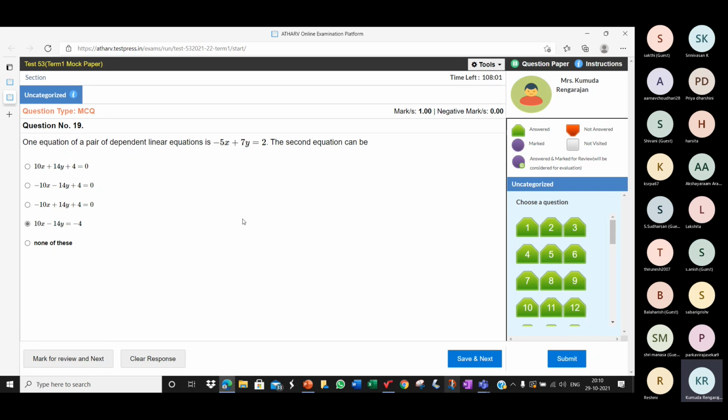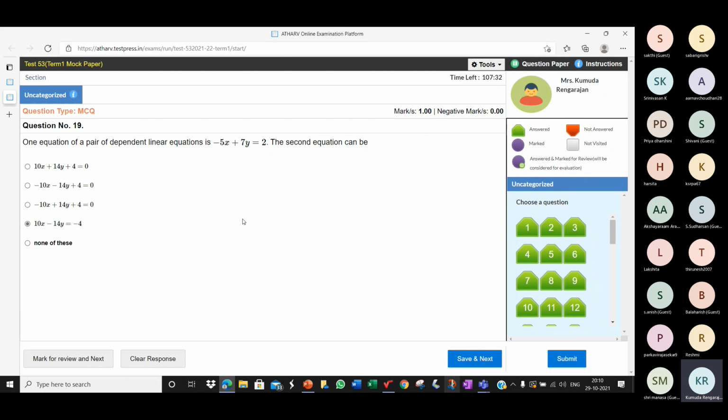What's the ratio everywhere? Ma'am, it's minus 1 by 2. Everywhere the ratio is minus 1 by 2. So you'll have to select that equation so that the pair will satisfy A1 by A2 equal to B1 by B2 equal to C1 by C2.